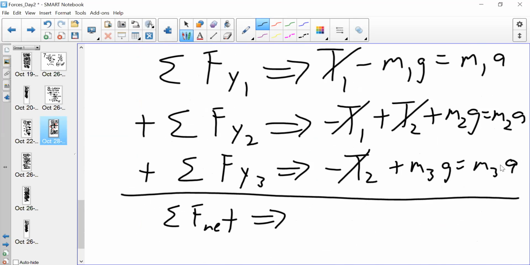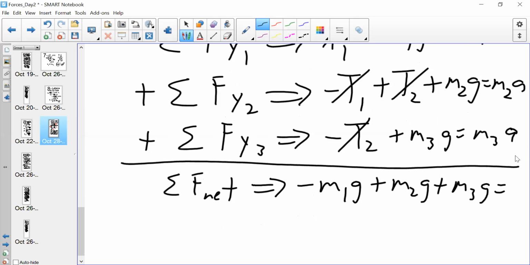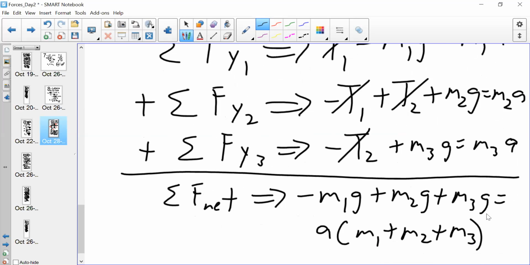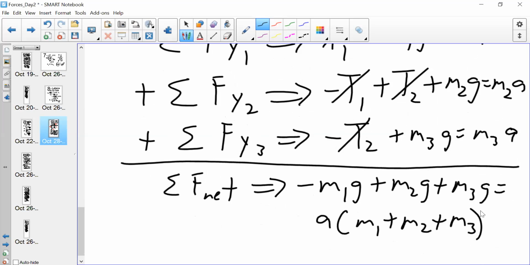And so it just comes out to be negative M1G plus M2G plus M3G equals A distributed, so I'm just going to say A times M1 plus M2 plus M3, because it's going to be M1A plus M2A plus M3A. So distribute out the A's, and it's equal to A times all the masses. Solve for the acceleration. Easy, right?